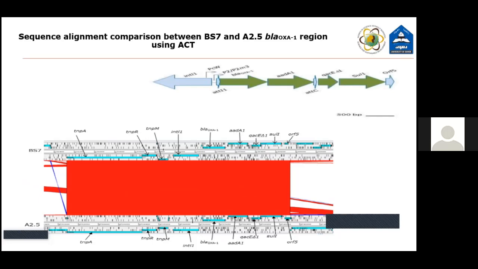The gene was carried on integron class 2, and was located with the other elements of the Tn21 transposon, with other antibiotic resistance genes such as aadA1, which confers resistance to streptomycin, and with sul1, which confers resistance to sulfonamide antibiotics.